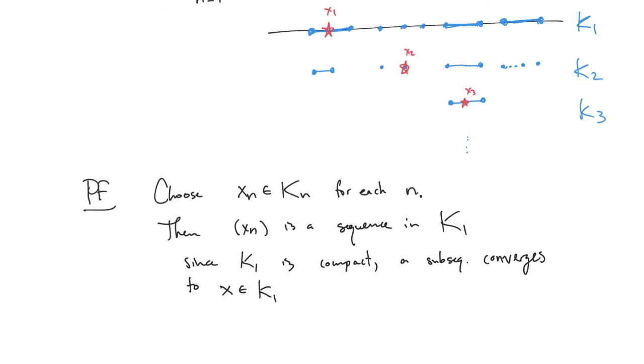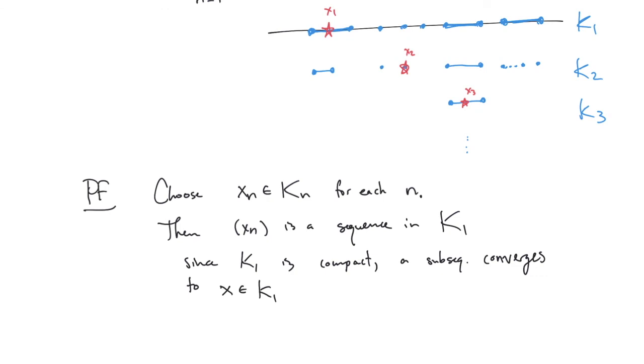Because K1 is compact and the sequence is in K1, a subsequence converges, and the limit is also in K1. Okay? So there's a subsequence of those points which converge to some point which is in K1.